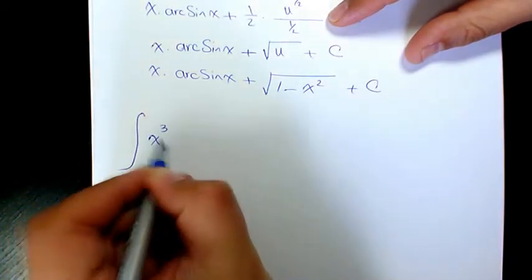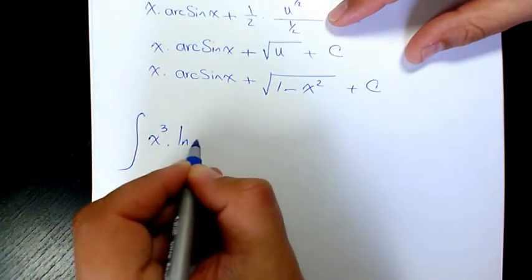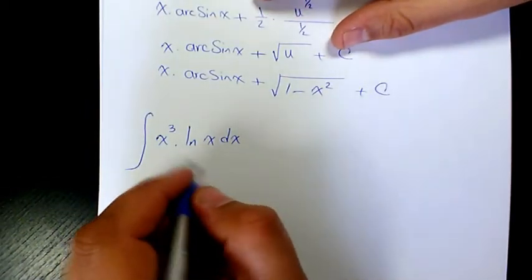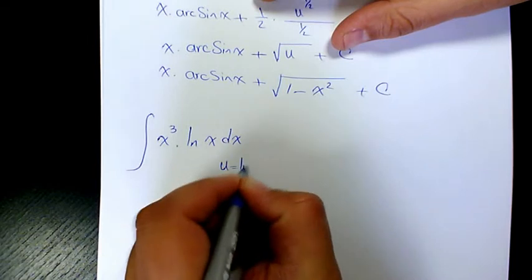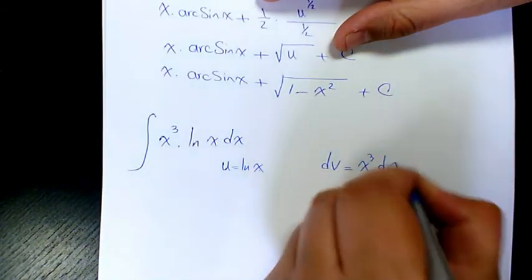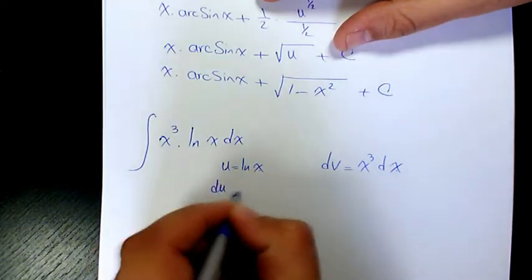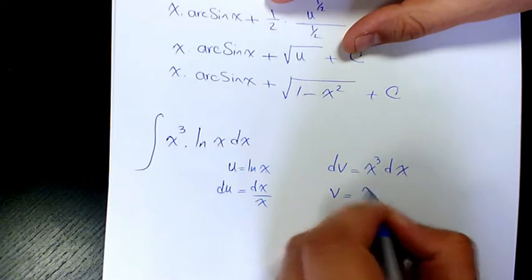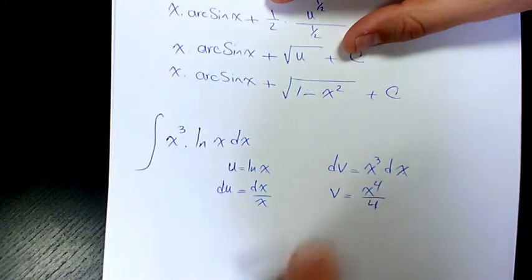X to the power of 3 times ln x dx. In this example I'm going to consider u as ln x, dv as x cubed dx. So du is going to be dx over x, v is going to be x to the power 4 over 4.